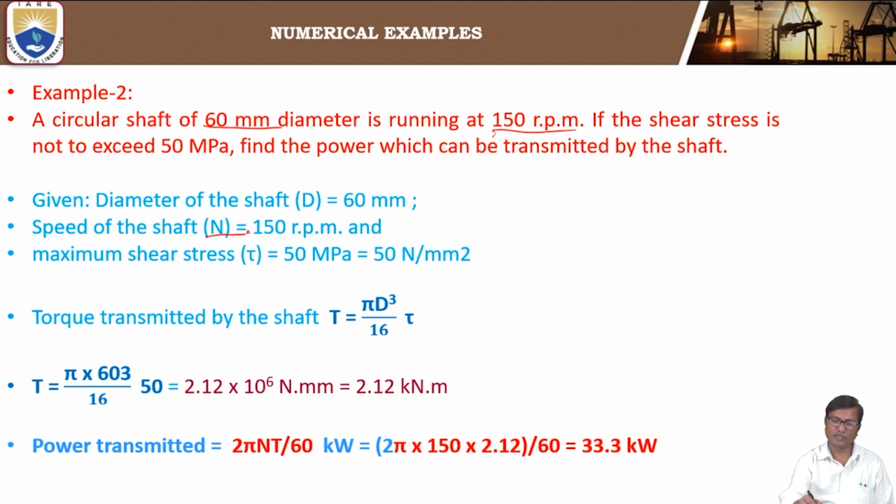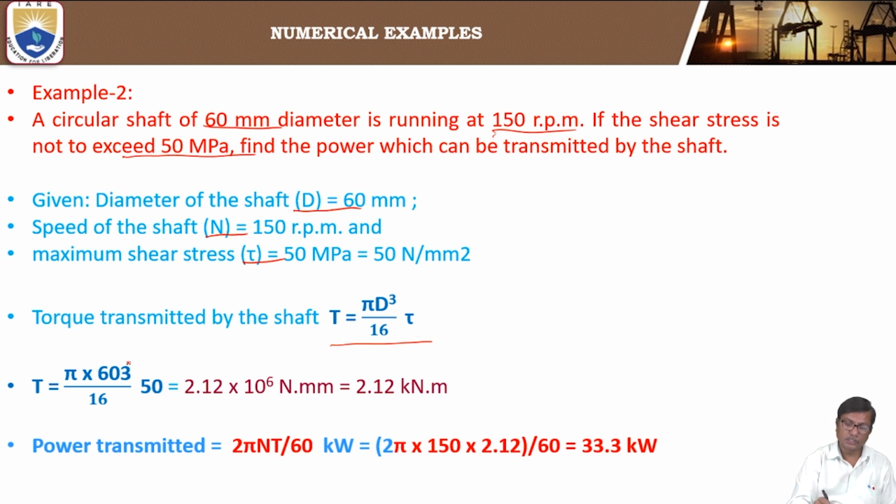That is, capital N is 150 RPM, and diameter of the shaft is 60 mm. And allowable stress is 50 megapascals, Newton per mm square. So the torque transmitted by the shaft, capital T, is pi d cube by 16 into tau.